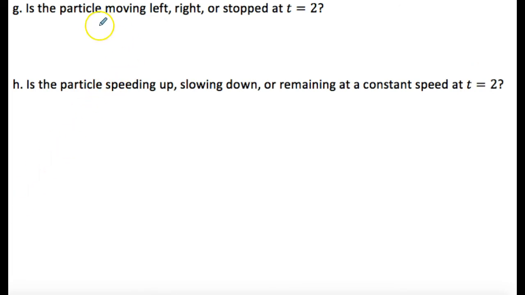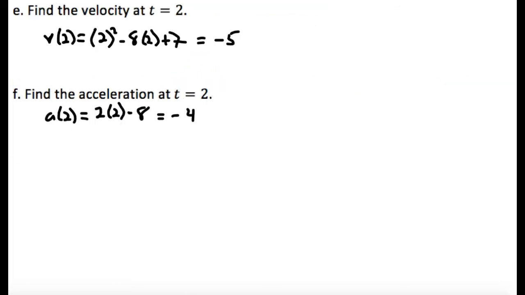So, is the particle moving left, right, or stopped at t equals 2? Well, if our velocity is negative, we go all the way back to this chart.